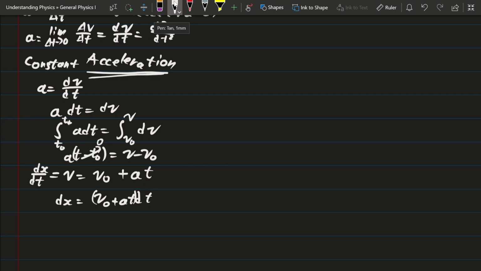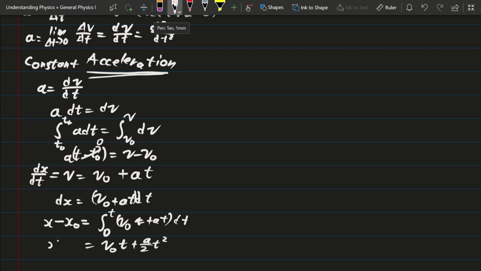And if you do the same integration, you get the final minus the initial, which equals the integral from 0 to time t of v0 plus at dt. If you take the integral of this, you would obtain v0t plus a over 2 t squared, since v0 is a constant and a is a constant, and the integral of t is t squared over 2. And when you do the evaluation, you would have the minus 0 at the end.